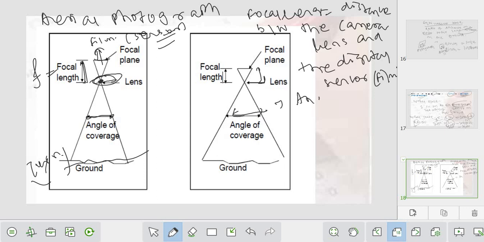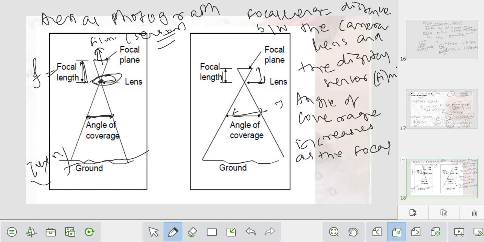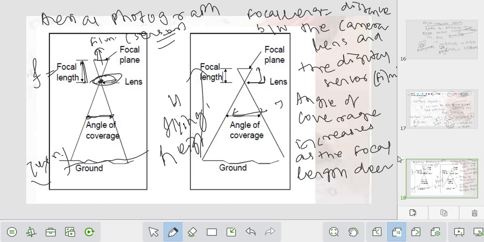So angle of coverage increases as the focal length decreases. Okay, so this is the focal length and this is the height. Flying height is called flying height.